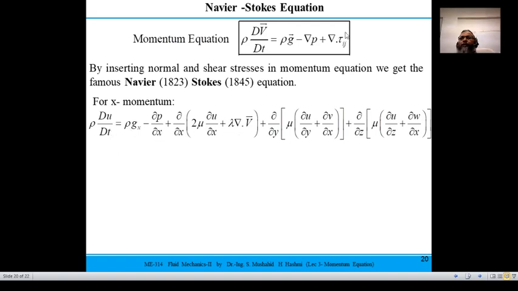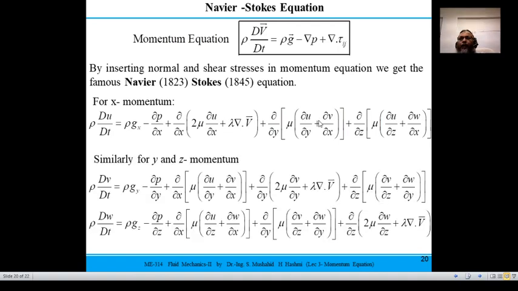And in the viscous term, using the 6 relations Stokes has postulated, we have substituted all these stresses, so that you get rid of the stresses and end up with the velocity gradients. We can do the same for the y component and the z component of the velocity. So what we have done is simple.